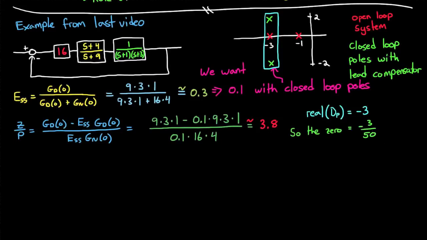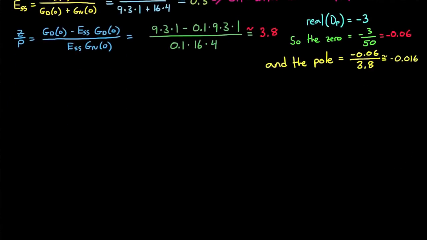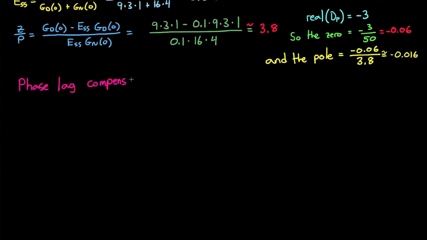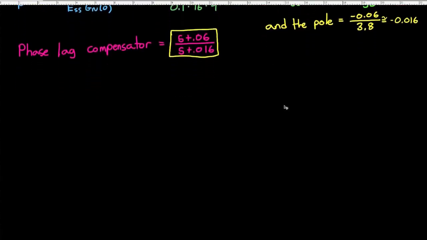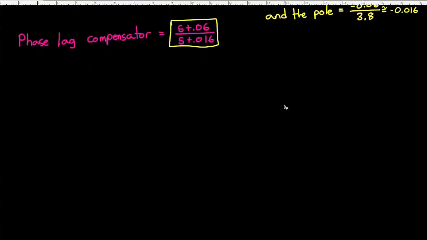So you find that you need to place the zero at -0.06, and the pole 3.8 times closer than that at -0.016. So your lag compensator simply becomes (s + 0.06) / (s + 0.016). And you can place it in line with your lead compensator and your requirements will be met.